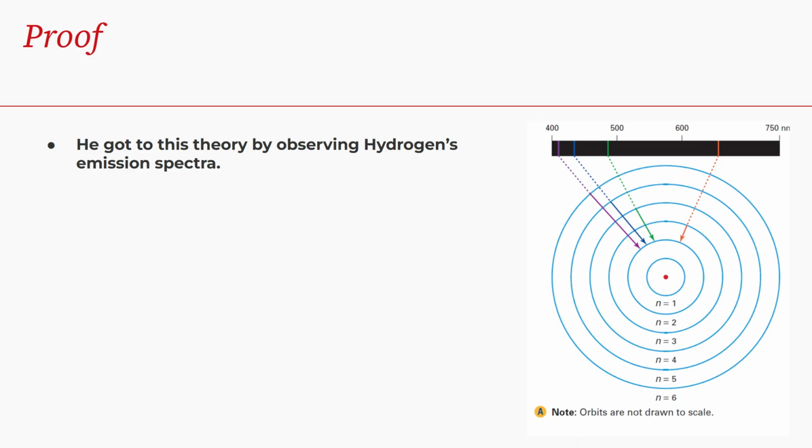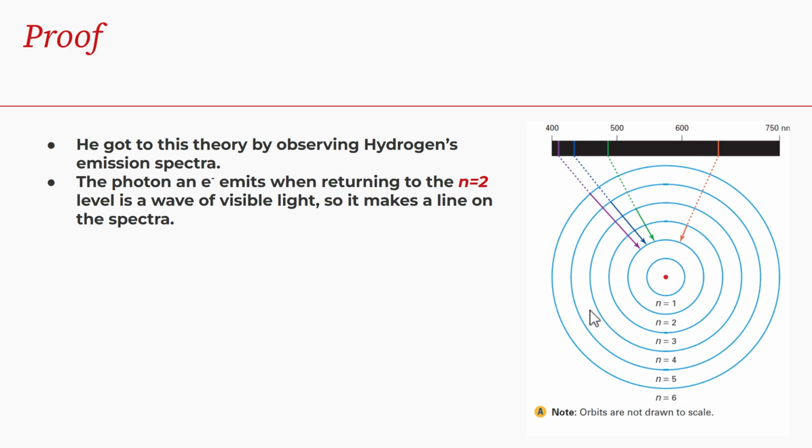He got to this theory by observing hydrogen's emission spectra. So if you look at what we have here, hydrogen has four specific bands. And as it turns out, each of these four specific bands corresponds to when an electron emits as it returns to the second level of energy. So for example, it gives this orangey color when a third energy level returns to a second energy level.